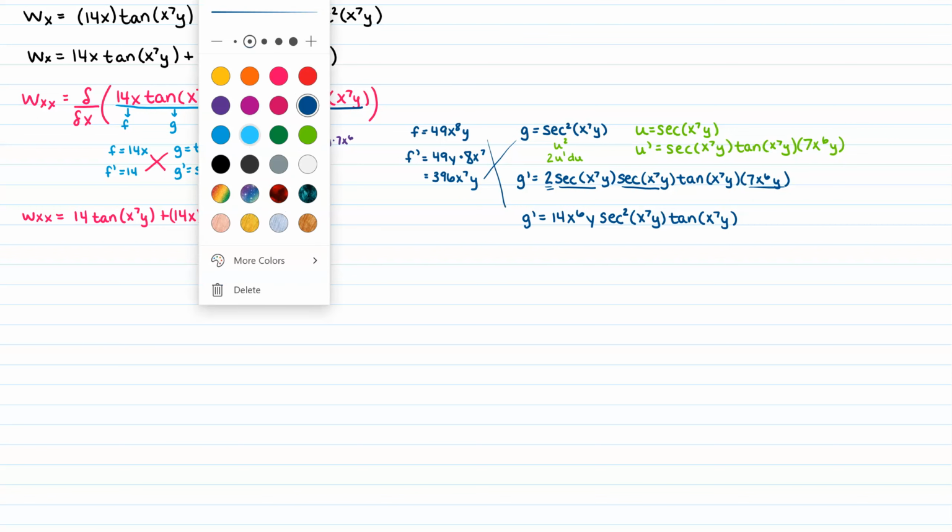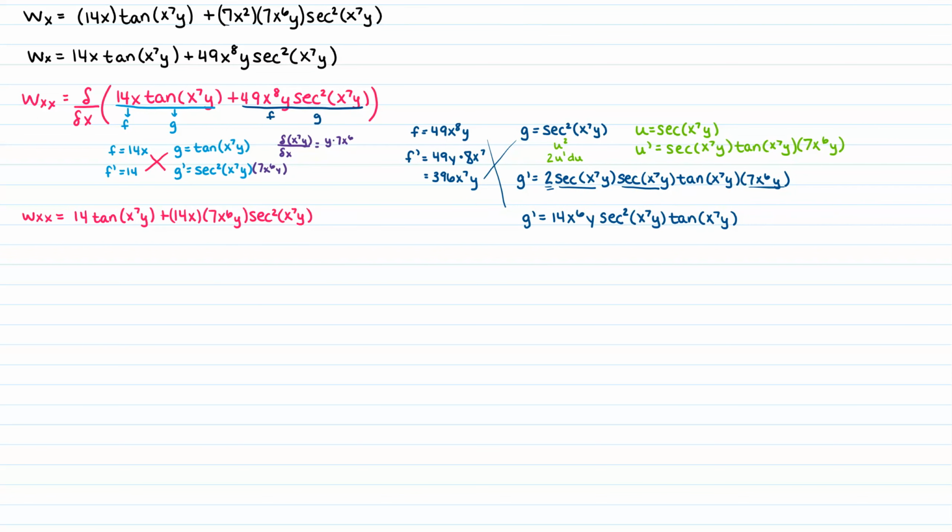So I'll go back to pink because I'm finishing up this derivative. So this would be plus f prime g, which is 396 x to the 7th y times secant squared x to the 7th y, plus g prime f.